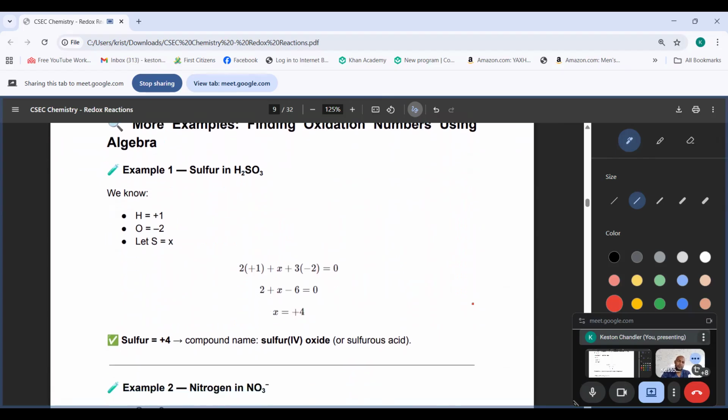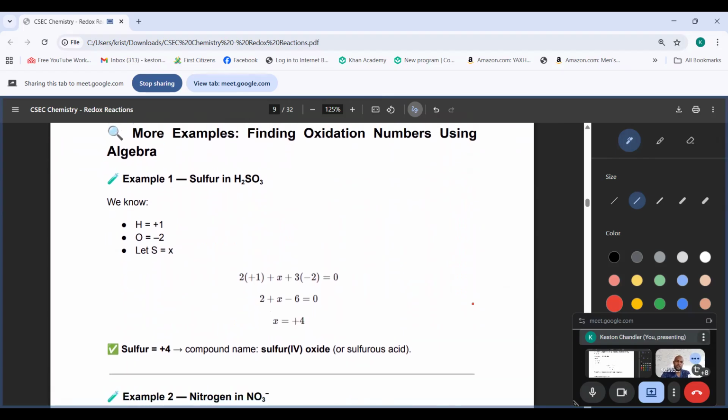Here are some more examples. If we want to find the oxidation number of sulfur in H2SO3, hydrogen sulfite, we know that H has to be +1. That's what the rule said, unless it is in a metal hydride. This is not a metal hydride, so H is +1. We know O has to be -2. Now there are 3 O's and 2 H's, so we will have 2 by +1, 3 by -2.